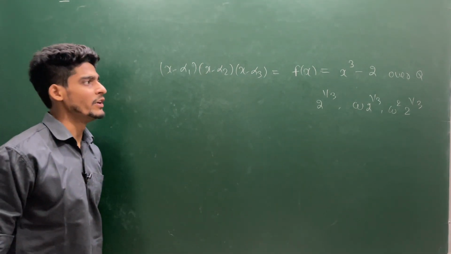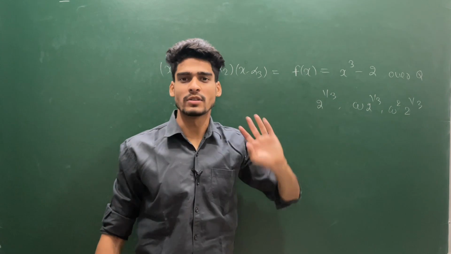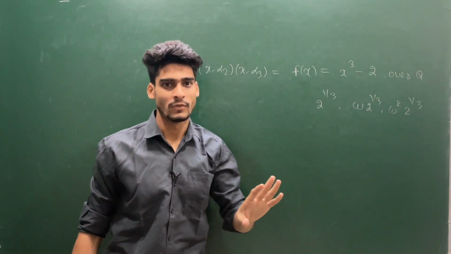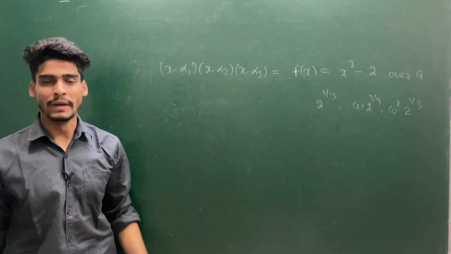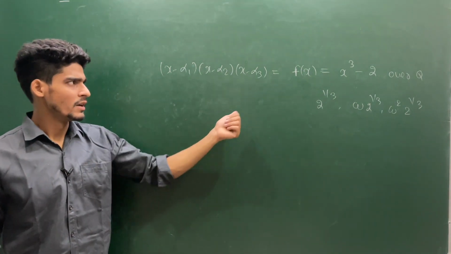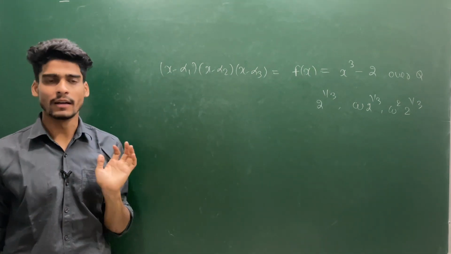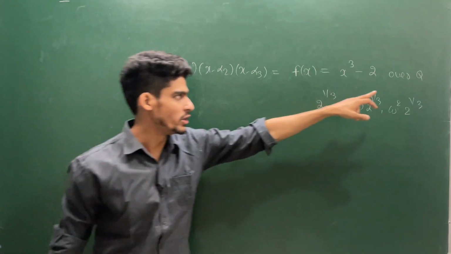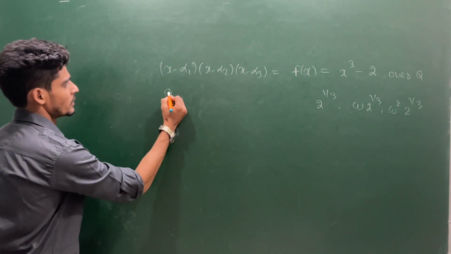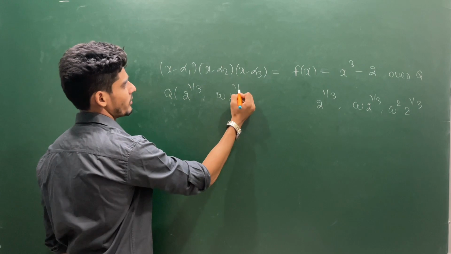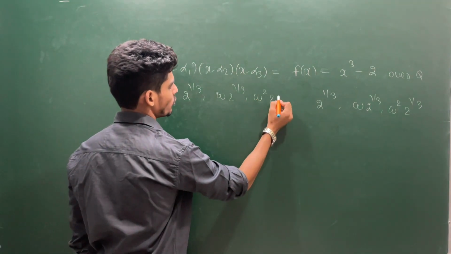And one more thing, we are looking for the smallest possible extension which contains every root of this polynomial. The word smallest will make more sense, because the general criteria to insert the roots is that you choose Q(2^(1/3), omega 2^(1/3), omega square 2^(1/3)).